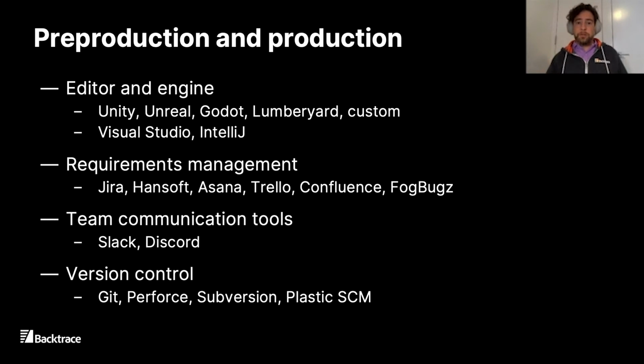Instead of being decentralized, it's a little bit more focused on centralization and controlling things like large assets, large video gameplay or background files or artist files and so on. Subversion is still popular. We've seen it across a number of different studios, and Plastic SCM is another popular version control system in the gaming space and in other spaces, and now part of the Unity family.